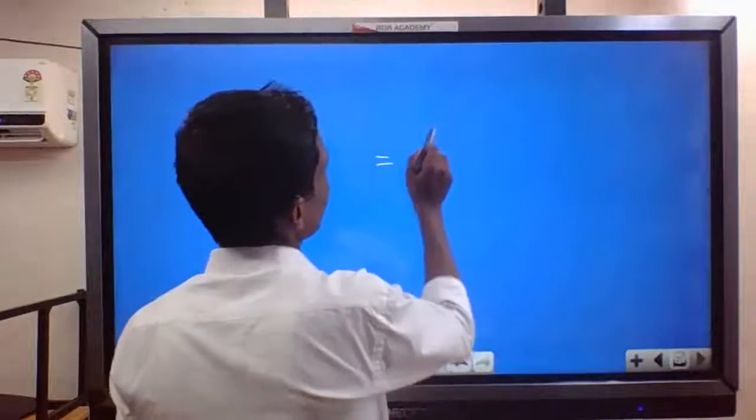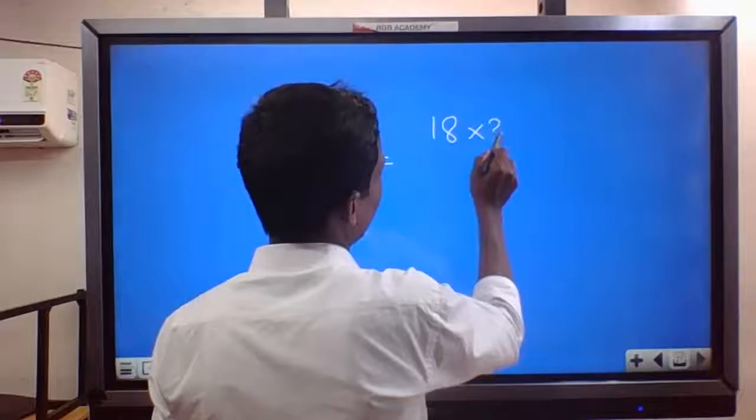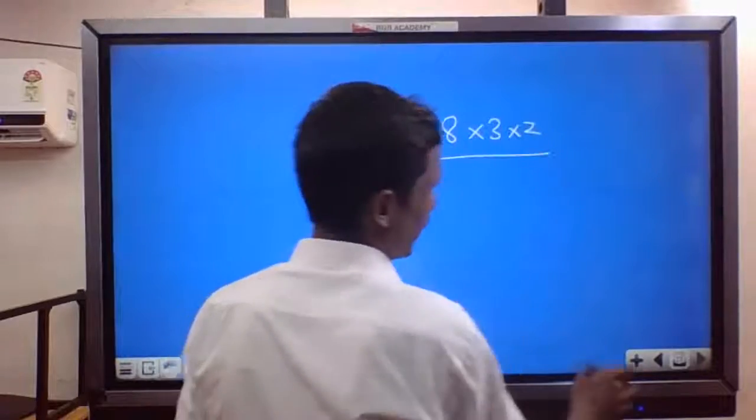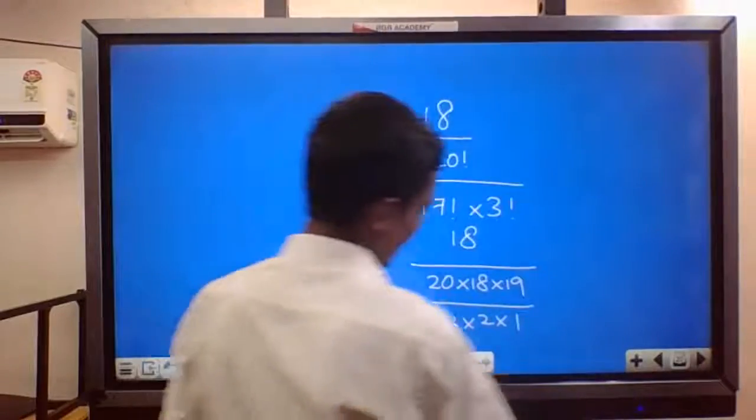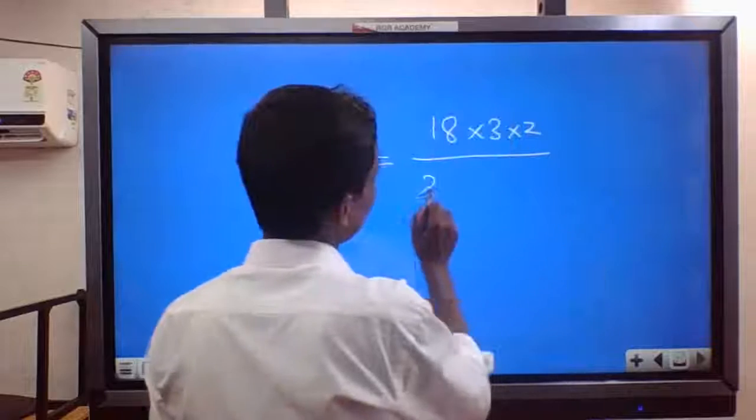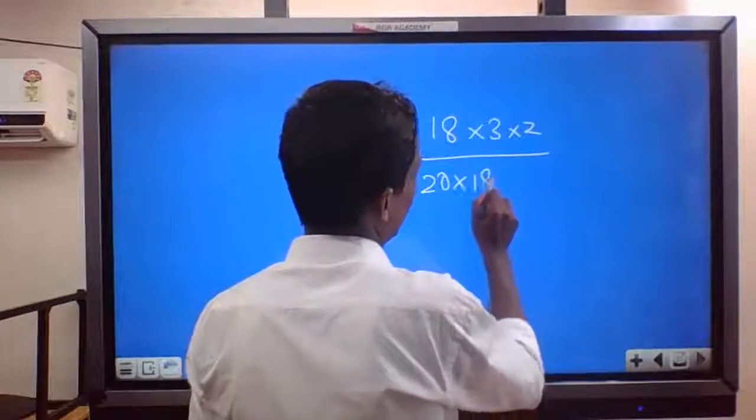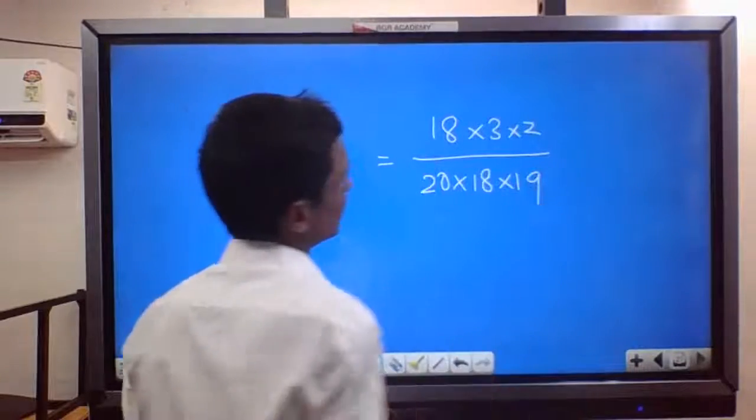Then 18 into 3 into 2 divided by 20 into 18 into 19.